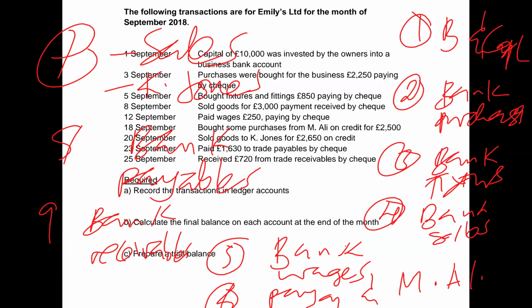So 8,740. Then you can bring it on the opposite side as the balance brought down. 8,740.